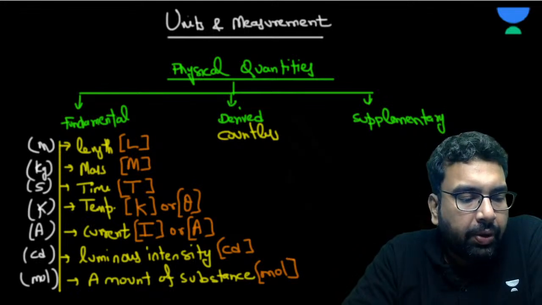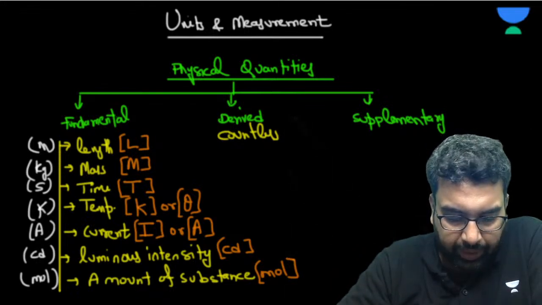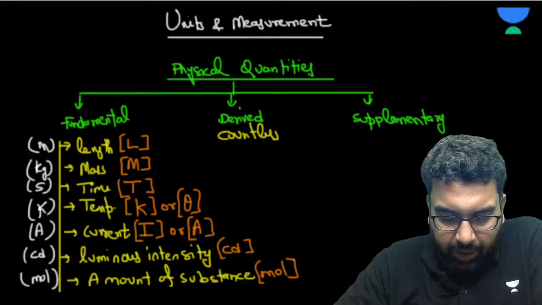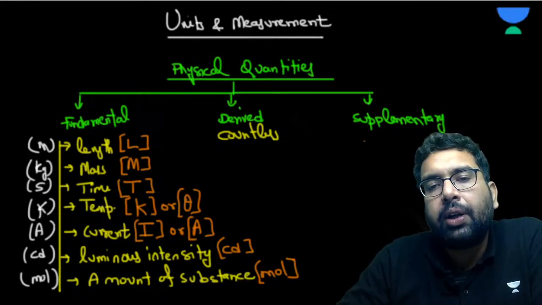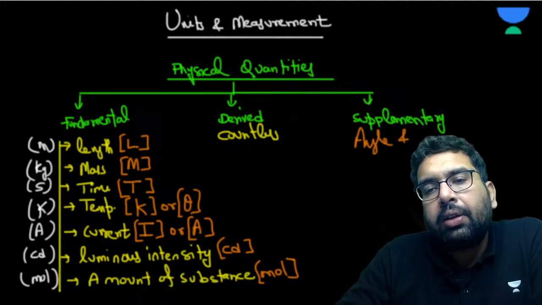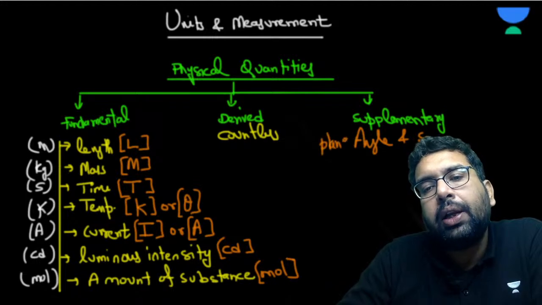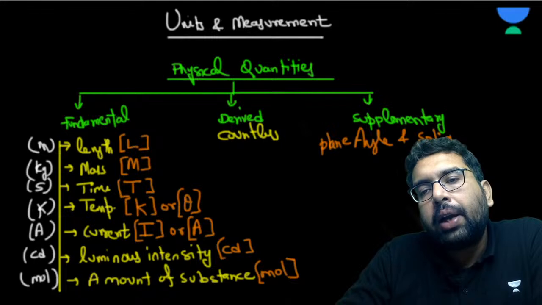Now supplementary quantities. What are the supplementary quantities? There are two kinds of supplementary quantities. One is angle and one is solid angle. You can call it plane angle also; plane angle, only angle, it's the same thing. And the solid angle.